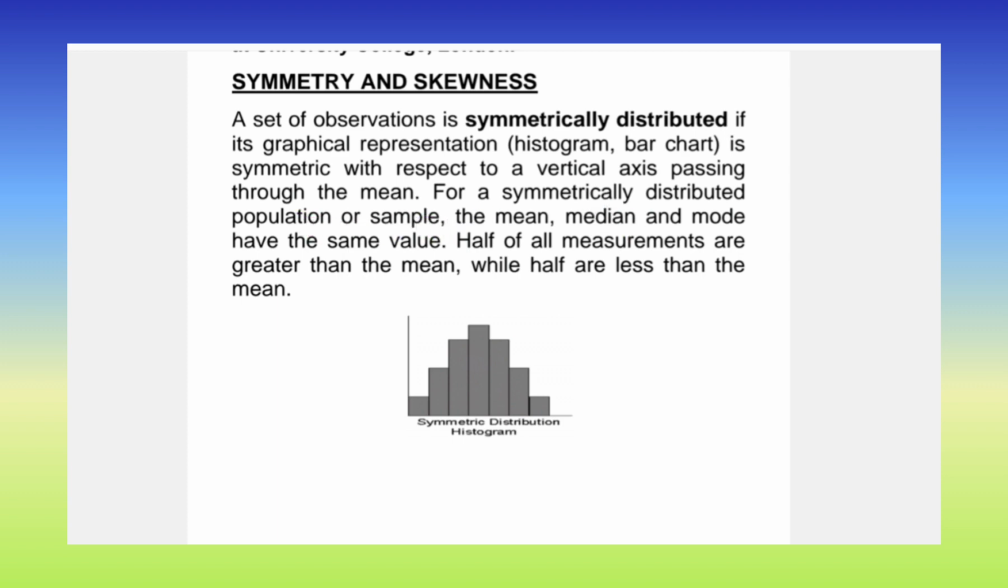For a symmetrically distributed population or sample, the mean, median, and mode have the same value. Half of all measurements are greater than the mean, while half are less than the mean. This is an example of a symmetric distribution using a histogram.